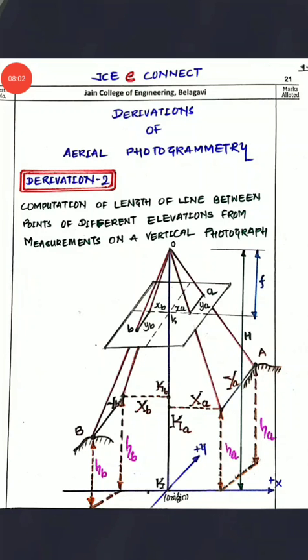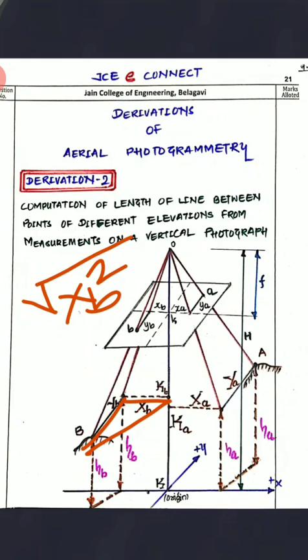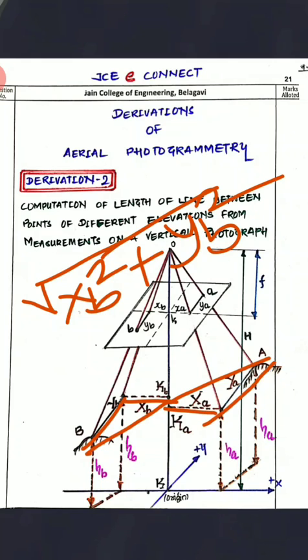Now once again I will show you. Here, this is xa, this is xb, this is yb, and this is the square root of xb square plus yb square. And here, this is xa and this is ya.